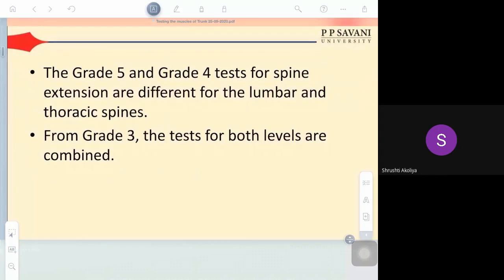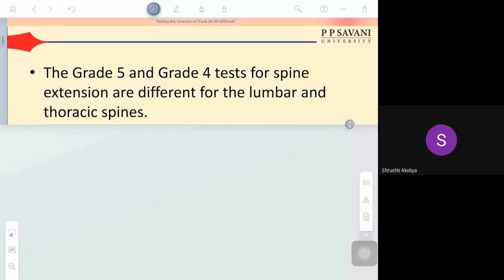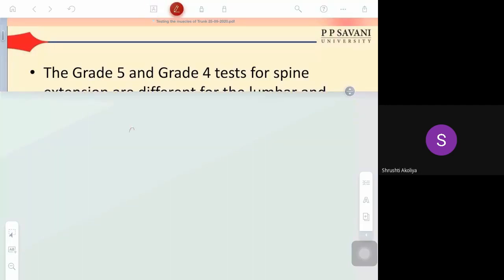Tests for spine extension are different for lumbar and thoracic spine. You try to understand these 2 points. Grade 4 and grade 5 test for spine extension. You know spine extension: cervical extension, thoracic extension, lumbar extension.